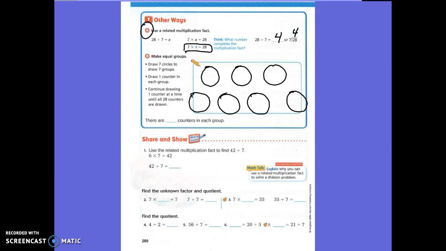So there are 7 groups for the 7 pies. Okay? How many apples did she buy? 28. You need to draw apples in each pie until you get to 28. Or instead of calling them apples, we're going to call them counters because we're doing equal groups. Draw counters in each group until you get to 28.